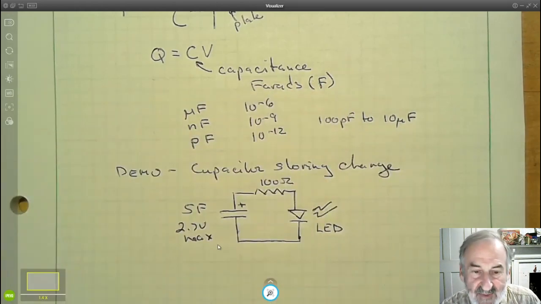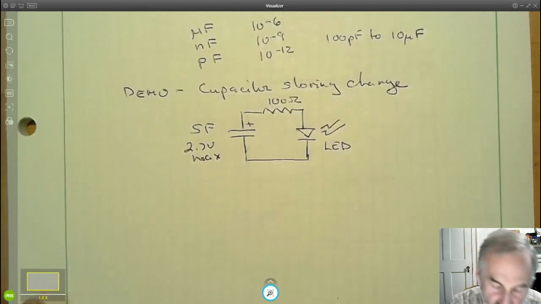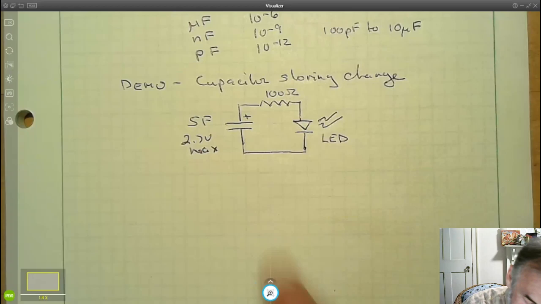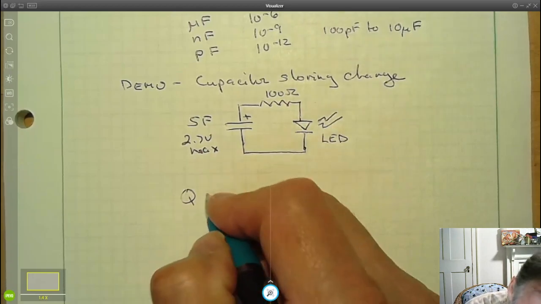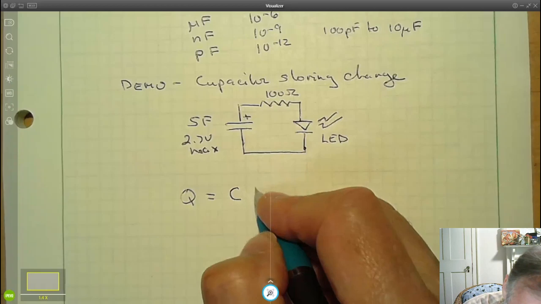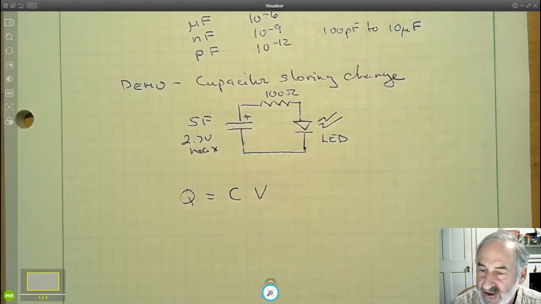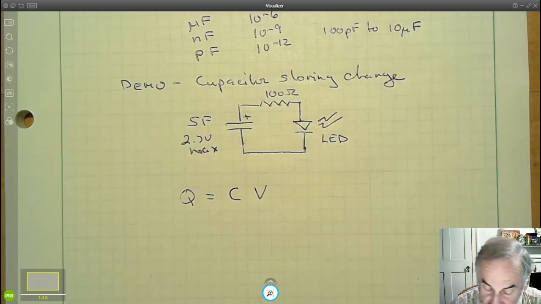Now let's think about what we can use a capacitor for. As we saw before, the charge was directly proportional to the capacitance, a constant, and the voltage. But of course, we don't care about charge. What we care about is charge moving, which is current. And how do we find out what the current is?